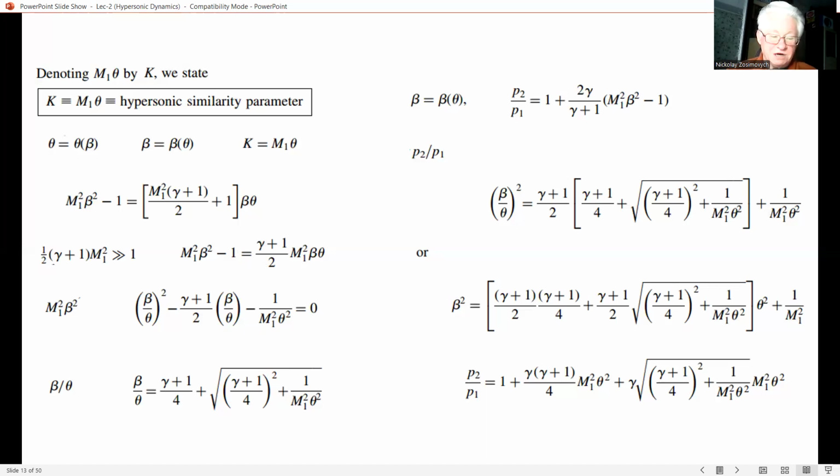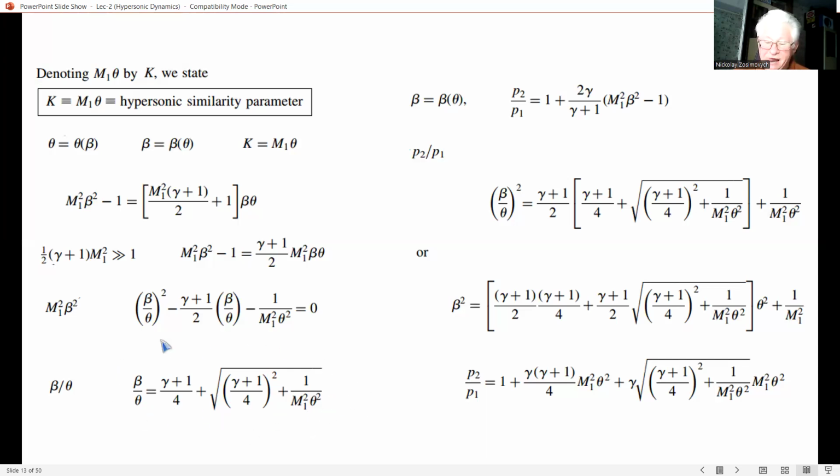This is a quadratic equation in terms of beta over theta. Solving by means of the quadratic formula, we get this last expression.